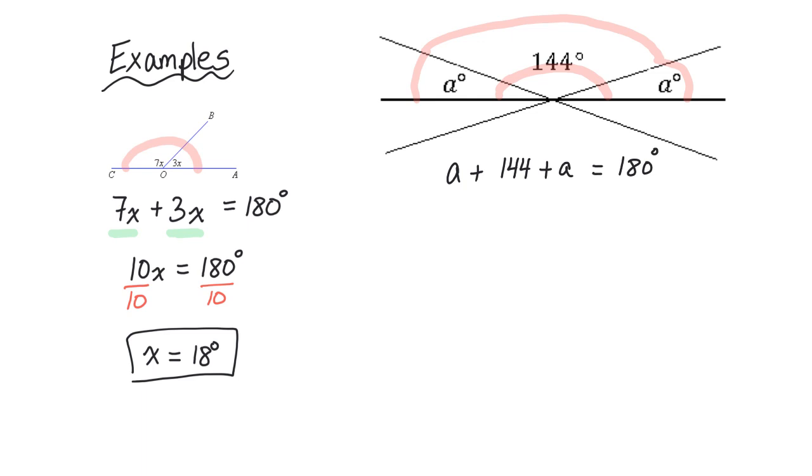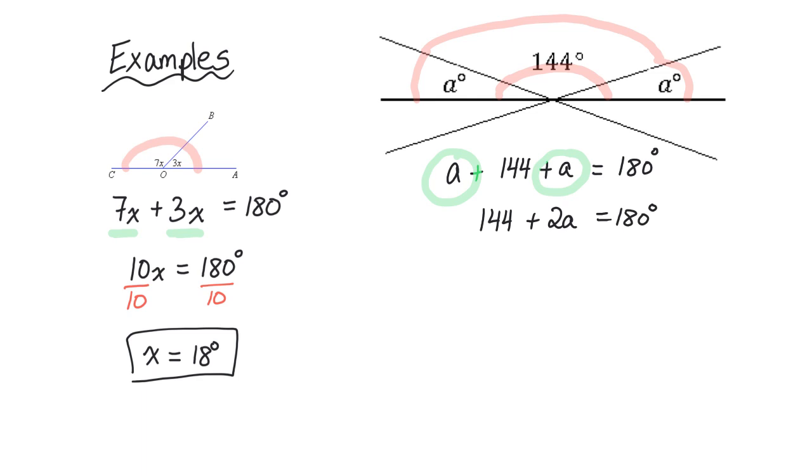And again, I want to put some things together so that it's not so messy. I have an A here and I have an A here. That makes two of them. So really, this is 144 plus 2 A's is going to give me 180 degrees. And I'm looking for what is just A by itself.